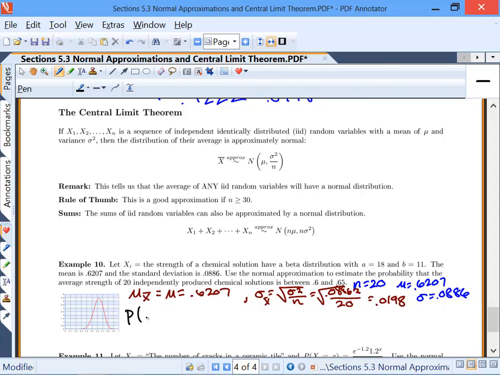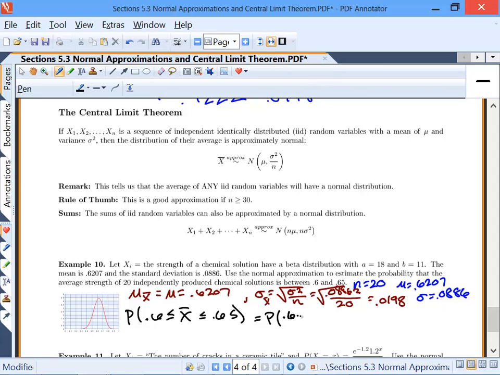So now we're looking for the probability that x bar is between 0.6 and 0.65. Okay. But we know x bar has a normal distribution, and at this point, do you know how to find this probability using a normal distribution? Okay. We just start by standardizing everything.